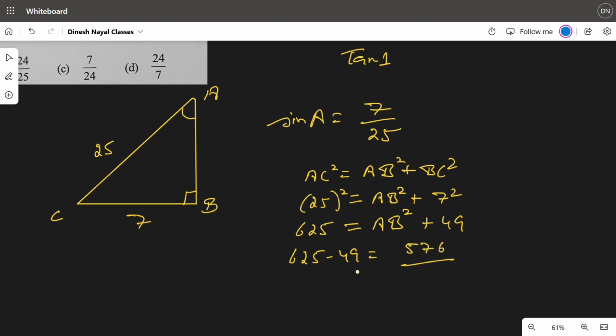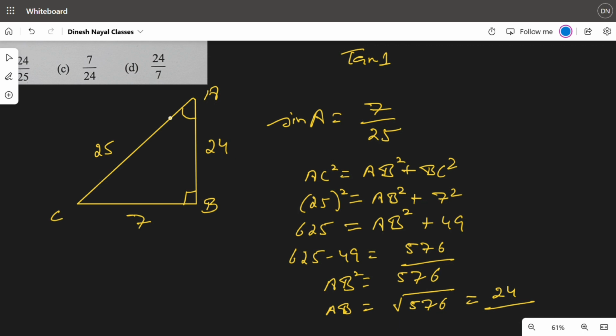So this AB square equals 576, and this AB will be under root of 576, that equals 24. So AB is 24.